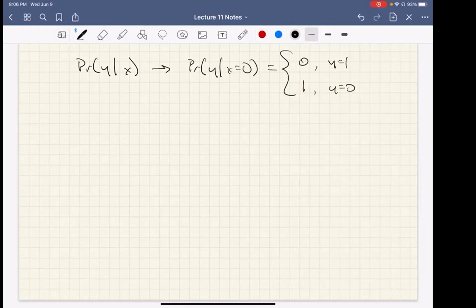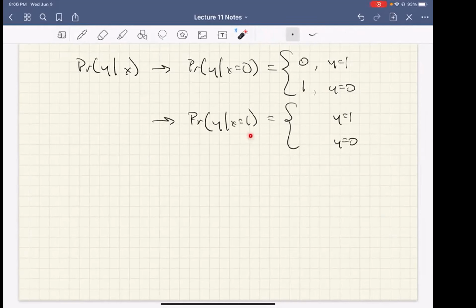On the other hand, the probability of Y given X equals 1. Again, I can observe either Y equals 1 or Y equals 0. Now I know for sure that the molecule was sent.